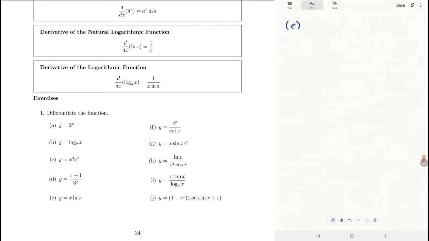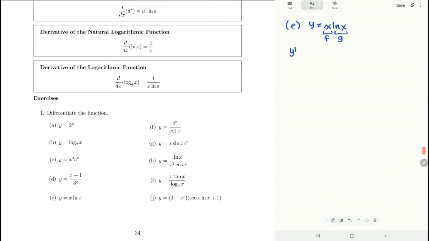In letter E, we have y equals x times the natural log of x. So here we apply the product rule. So f is x, and g will be the natural log of x.